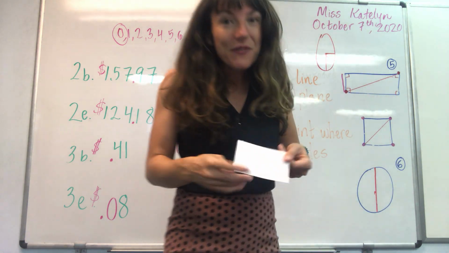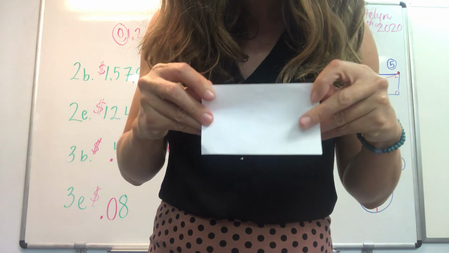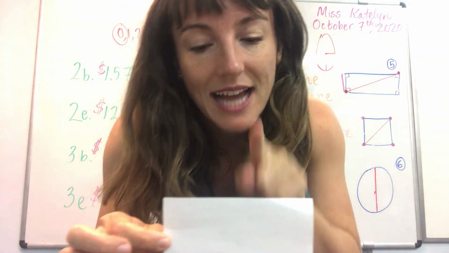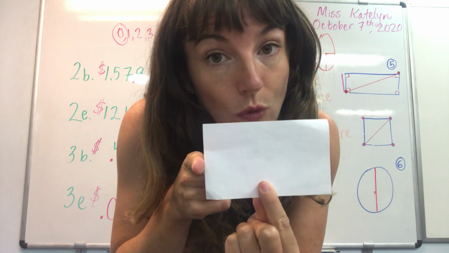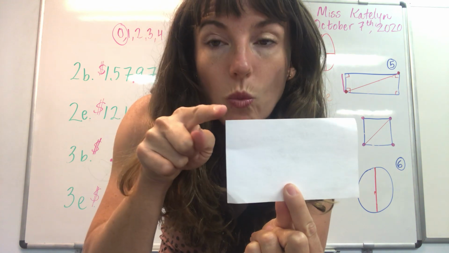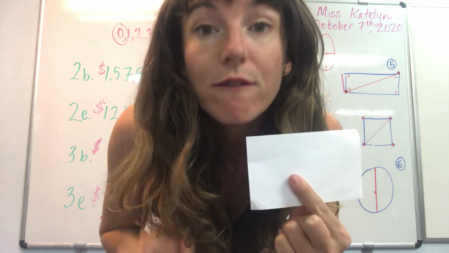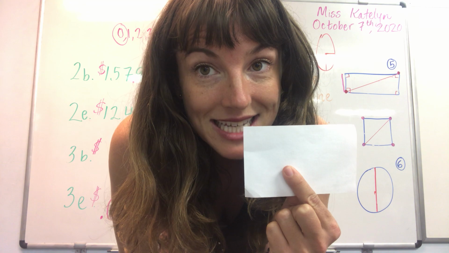Now, if you use a 3x5 card, your 3x5 card is a rectangle. The rectangle has 1, 2, 3, 4 sides and 1, 2, 3, 4 vertexes, the point where 2 sides meet.